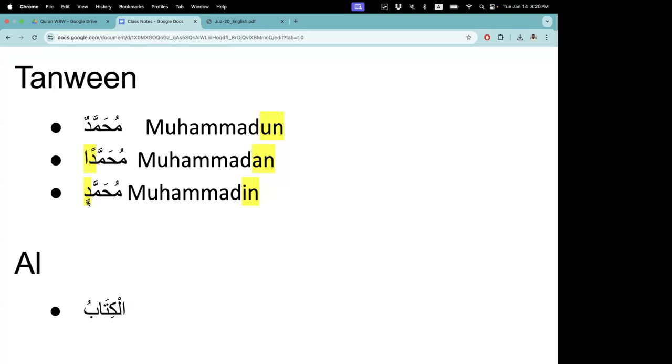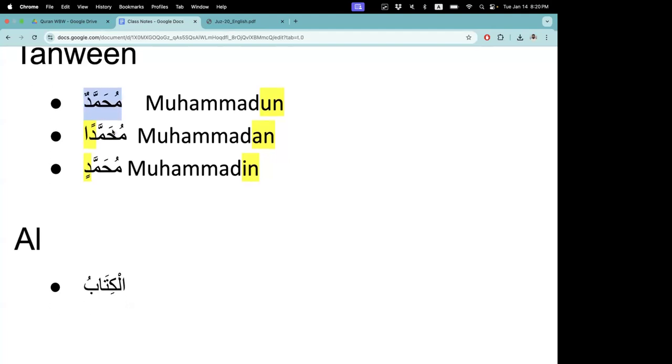That's more down the road. We are not going to bother ourselves with the grammatical specifics at the moment, but this is something you should notice over time as you read the Quran. Our focus will be more on what the word means, less on what type of role the word plays. Okay, so this is tanween.